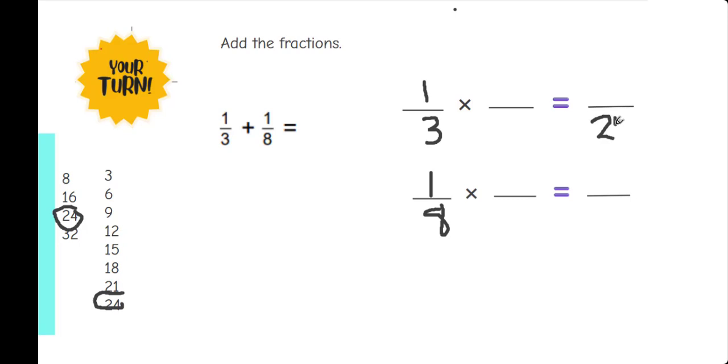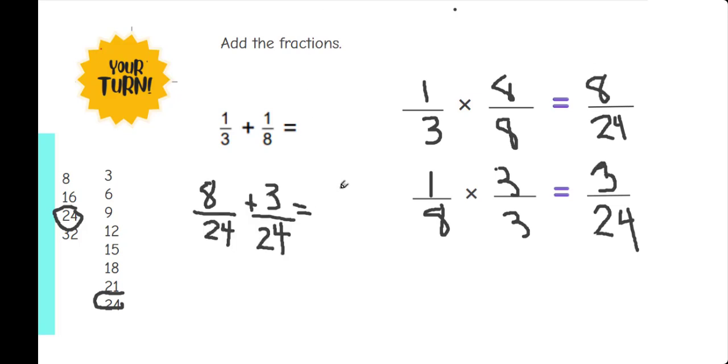Now I'm going to find the equivalent fraction for each of these with the denominator of 24. 8 times 3 is 24. 3 times 1 is 3. 3 times 8, they basically multiplied each other, didn't they? And then 8 times 1.